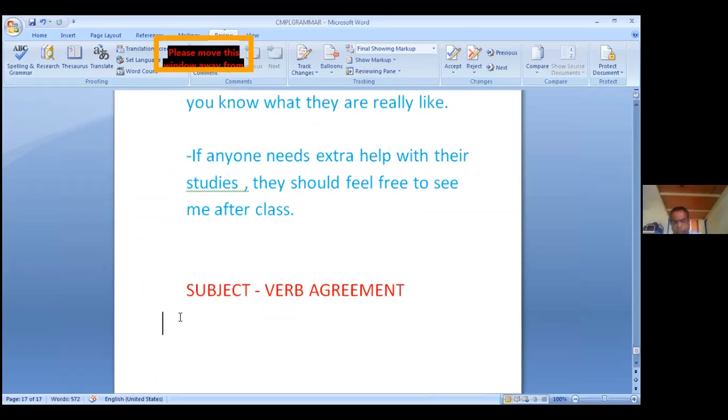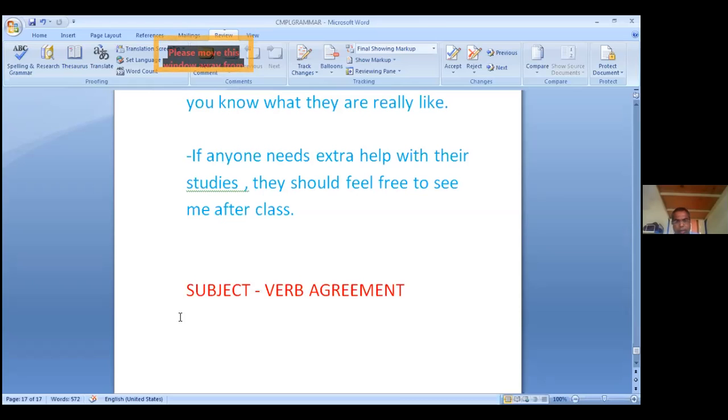Subject verb agreement: because countable nouns can be either singular or plural, it is very important to use the correct subject verb agreement when they are functioning as the subject of a clause.